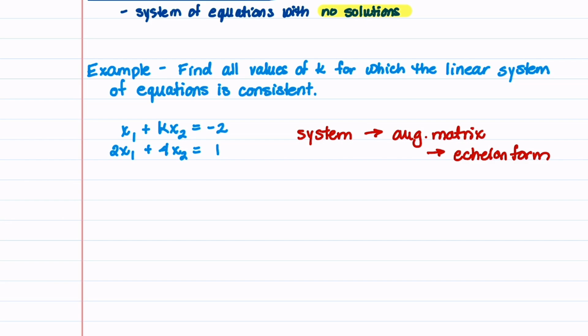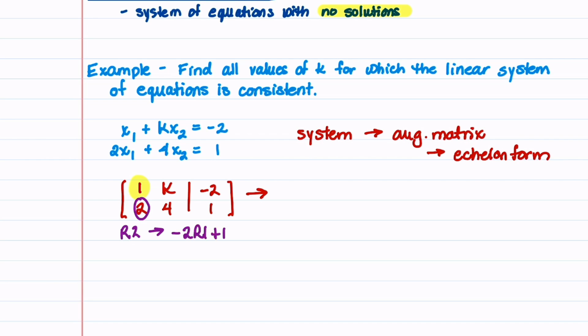So let's go ahead and start this. We'll put this in an augmented matrix. So 1, 2, k, 4, minus 2, 1. We're going to start with our leading entry, and we're going to get a 0 below that leading entry. So row 2 is going to be replaced with minus 2 row 1 plus row 2.